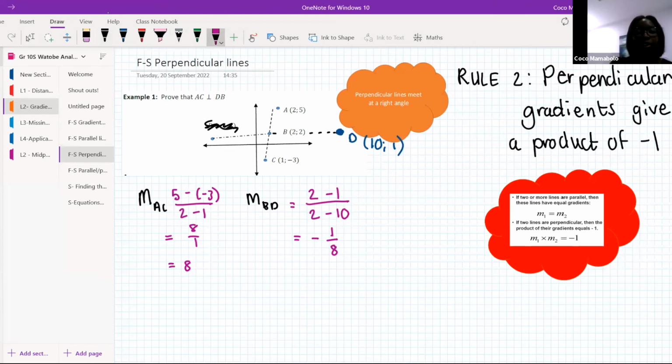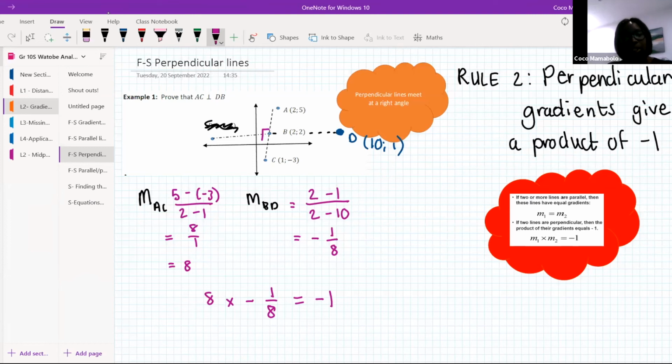So if I take these two gradients, because they're perpendicular, I need to get 8 multiplied by -1/8, and that's going to give me -1. So that's how we know that two lines are perpendicular.